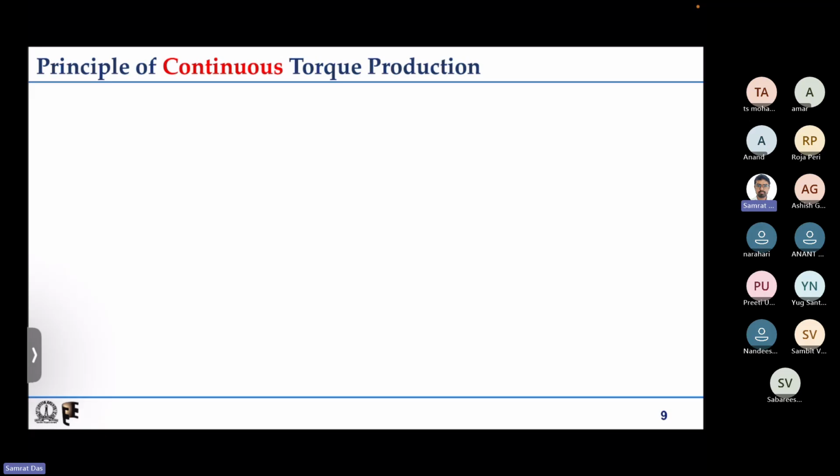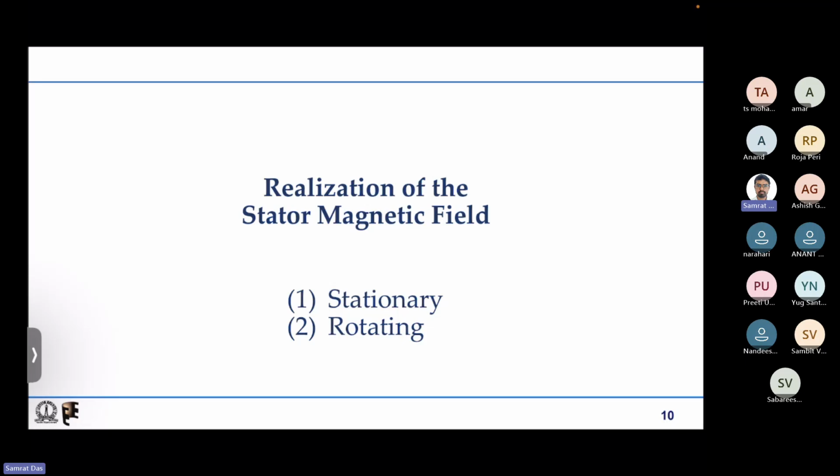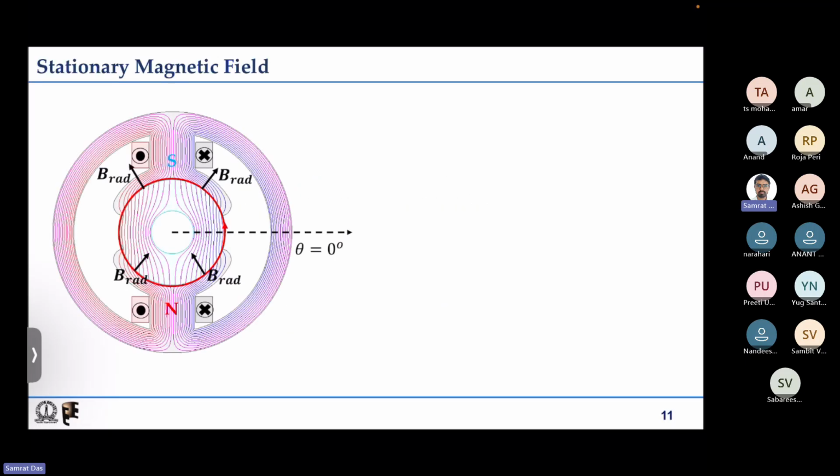And in order to have continuous torque, we need two magnetic fields which are stationary with respect to each other. So then we went on to see that we can have the stator magnetic field either stationary or rotating. That is where we started last day's session.